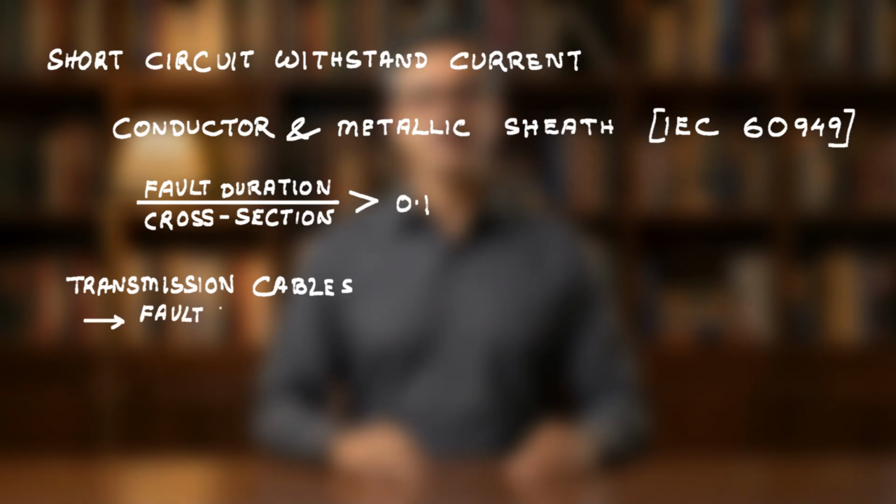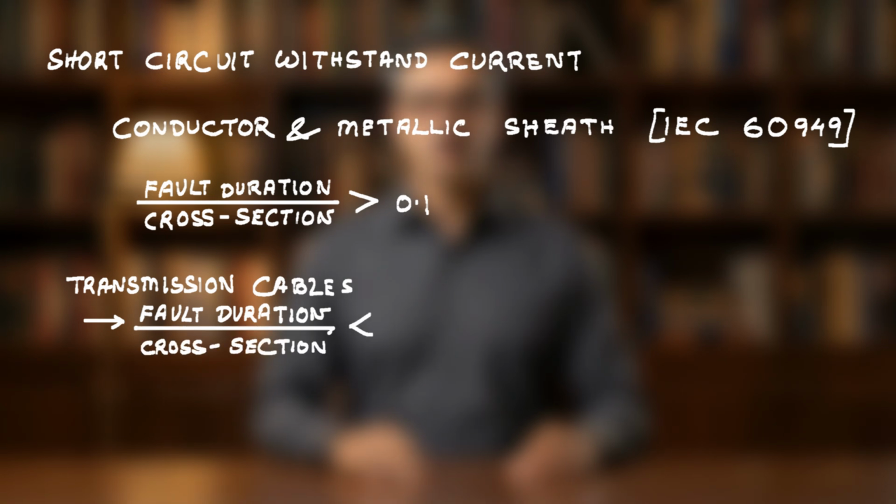So this ratio, fault duration divided by the cross-sectional area of the conductor, always remains much lower than 0.1. That is why we do not need to consider this heat spreading into the surrounding insulation. As a result, for thick cables, our calculation becomes much simpler.